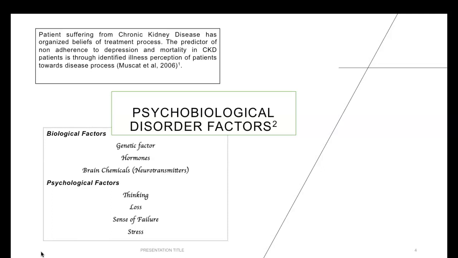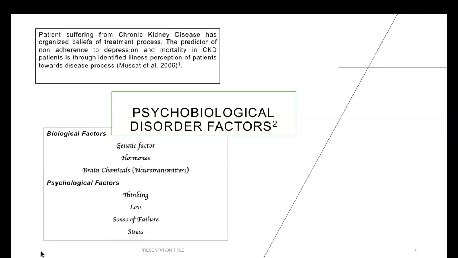Furthermore, patients suffering from chronic kidney disease have organized beliefs about the treatment process. The predictor of non-adherence, depression, and mortality in CKD patients is the illness perception of patients towards the disease process. This is according to Muscat et al.